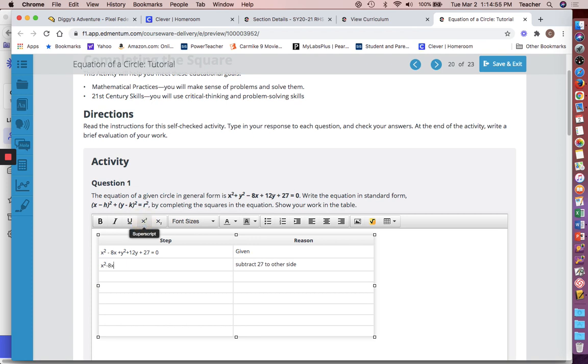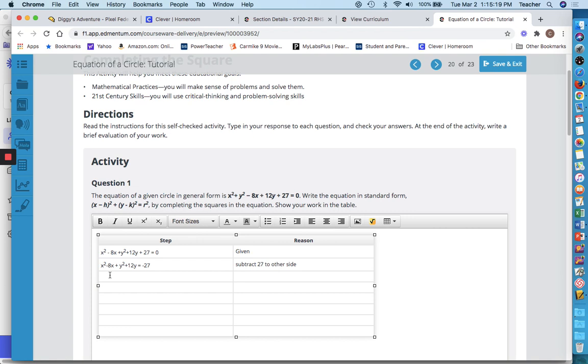Minus 8x stays the same. Plus y squared stays the same. Plus 12y stays the same. Now I'm going to subtract that 27 to the other side. So that means I'm going to have 0 minus 27 is a negative 27. Hope everybody's okay with that.